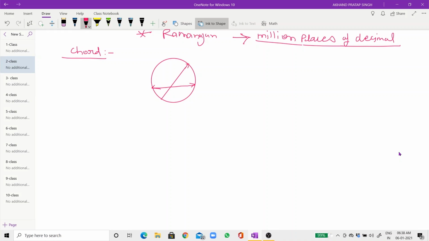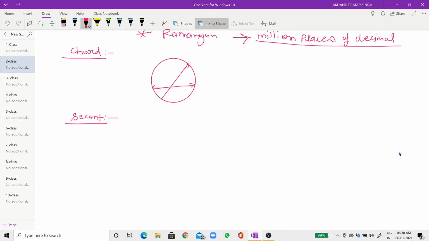Now the next one is a secant. These names we use in this chapter when we solve the questions. We just need the introduction, to know what it actually is in a practical way. It is not important to know the definition of the chord, the secant, the semicircle.